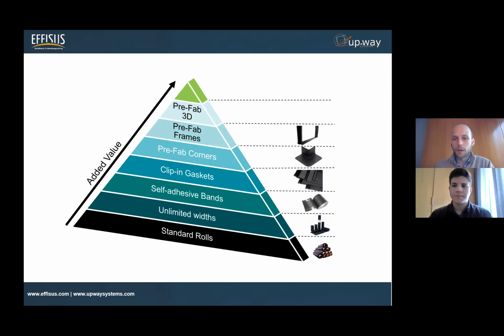Prefabricated frames, so this is even more than a corner, and you will be able to look at this more specifically later. And even more customized are these prefab 3D pieces. So this is really something developed for each project. So it's a bespoke piece. It's something that will highly improve the efficiency and the ease of installation on site. And of course, this will avoid many errors that we usually see on every site.